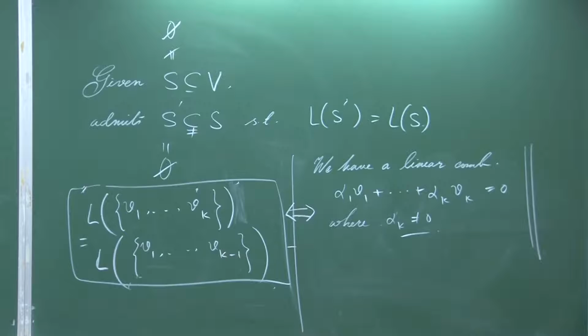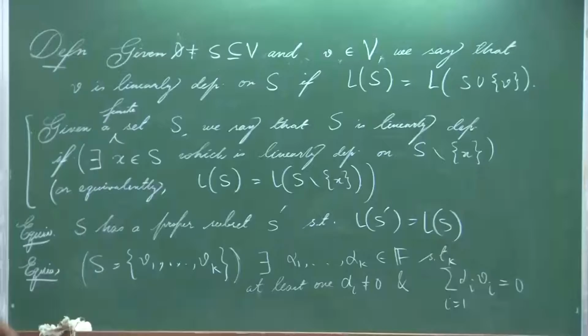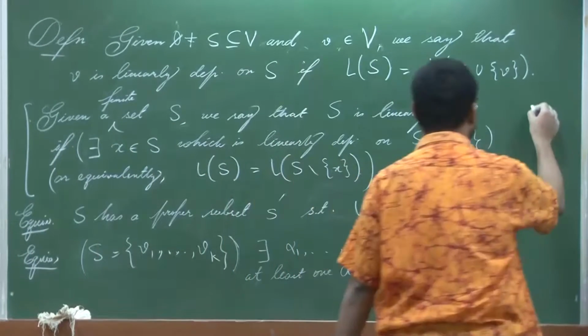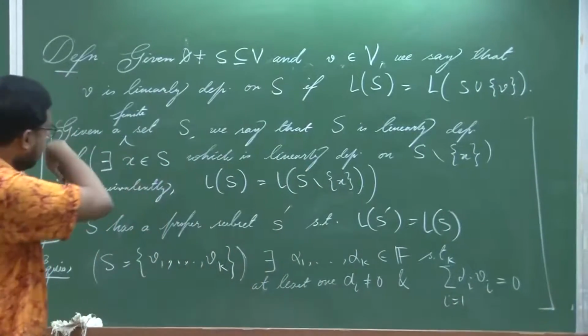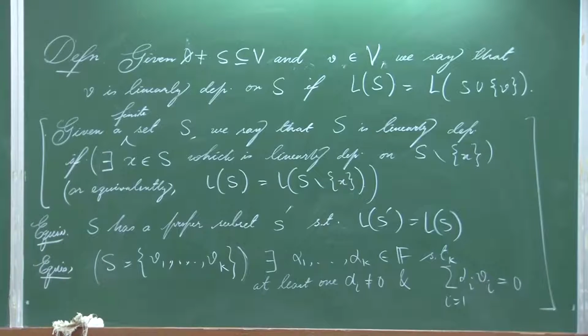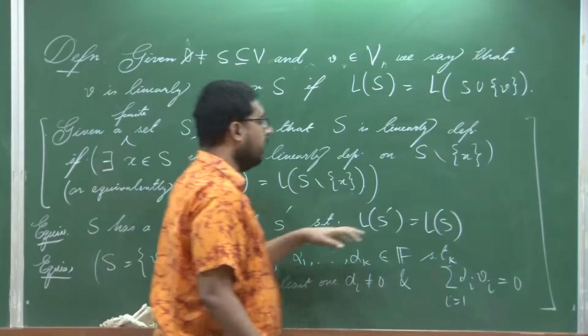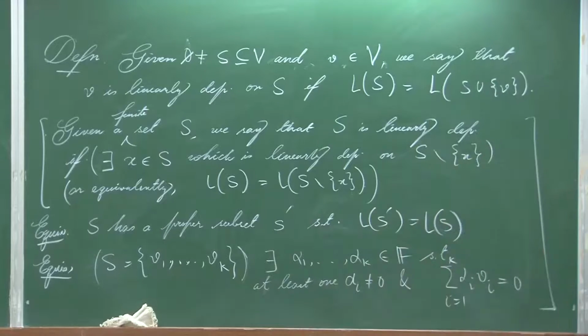Thus we have defined linear dependence of a set of vectors in 3 equivalent ways. The first says that there is a vector in that set which is linearly dependent upon the rest. The second says that it admits a proper subset which gives rise to the same span.